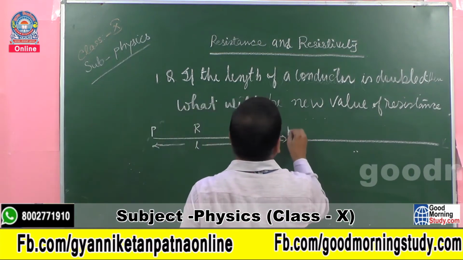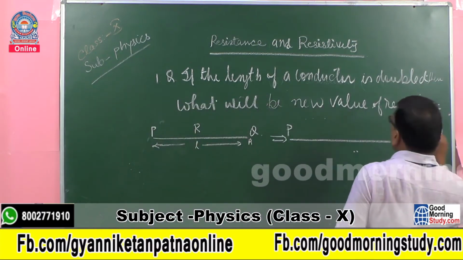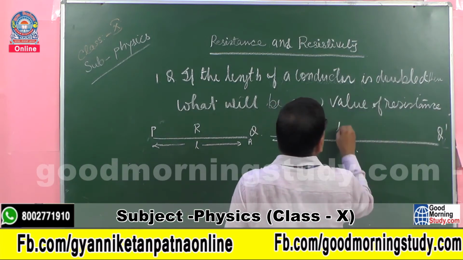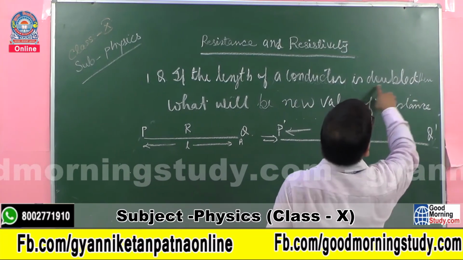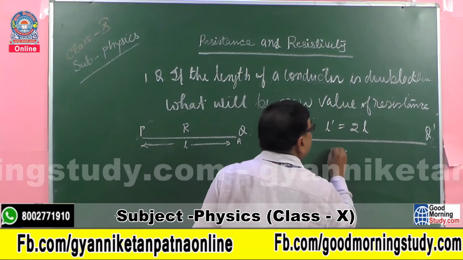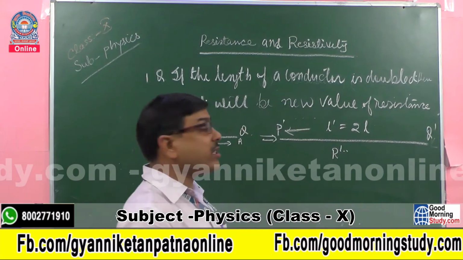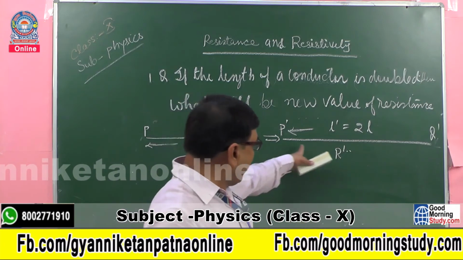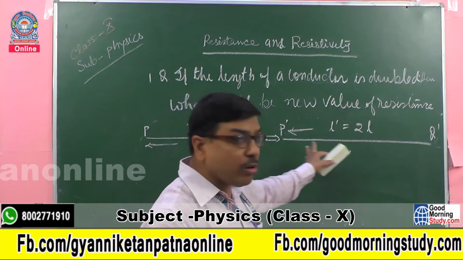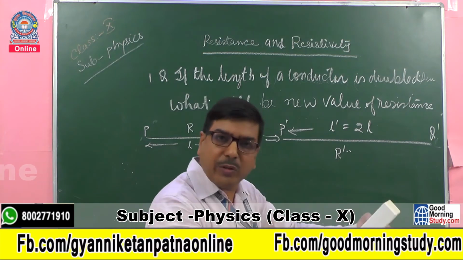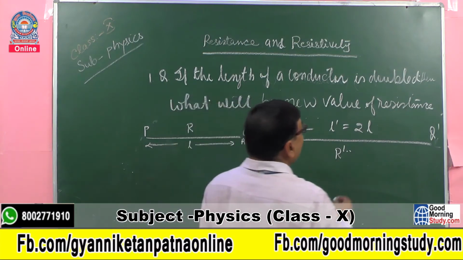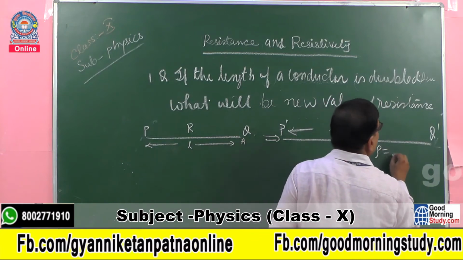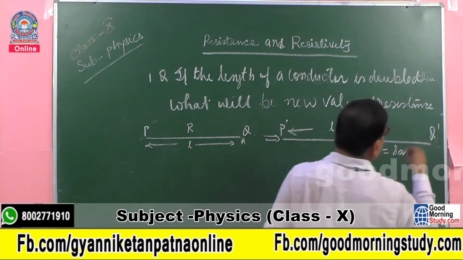So this PQ becomes P dash Q dash and length becomes 2L, double the length. What will be the new resistance? Supposing the new resistance is R dash. The area of the conductor remains the same because it is not stretched, it only becomes doubled. So length is 2L and specific resistance is the same because the material is the same.